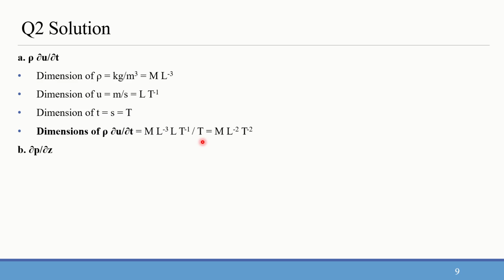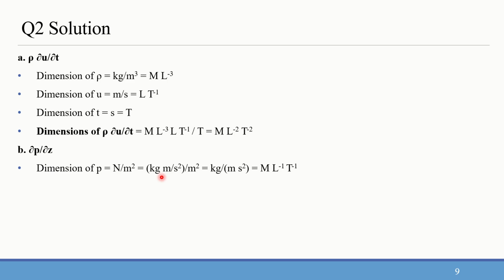Next one is dou p by dou z. Here again dou won't make any difference. The dimension of P is force per unit area in general, so it is Newton per meter square, that is Pascal. Newton is F equal to m into a, so kg into meter per second square divided by meter square.